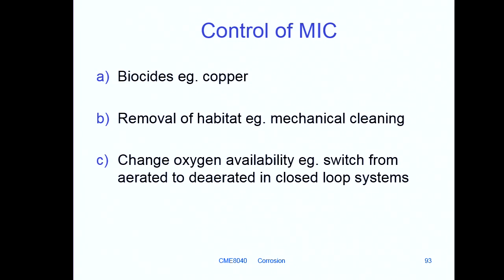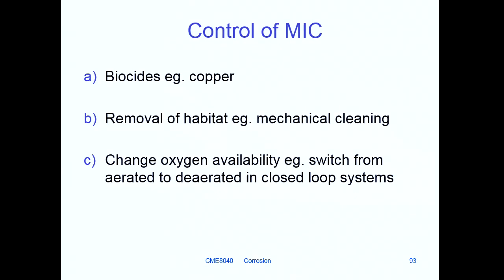If you've got a closed loop system, some heat exchanger system or something, you then have the option to control the oxygen level in that loop. And you can switch from an aerated environment for a little while to a de-aerated environment for a little while, and so on.